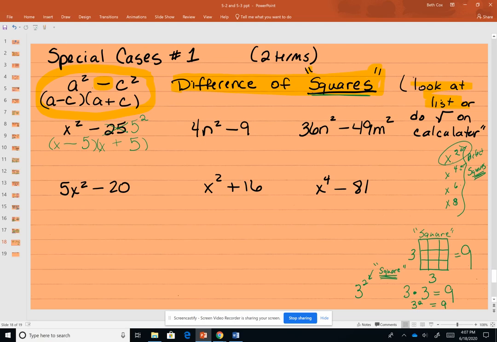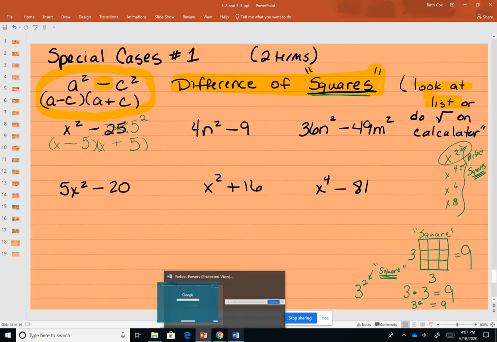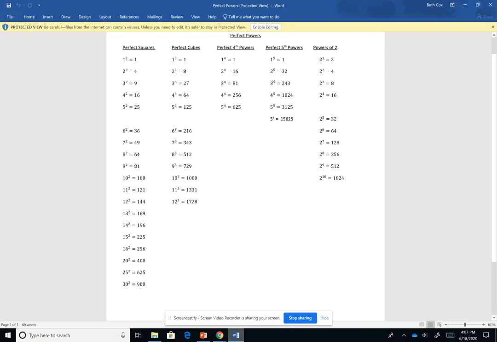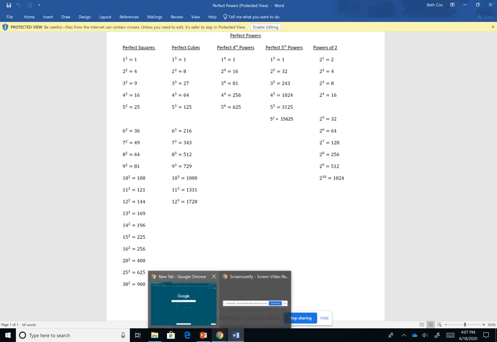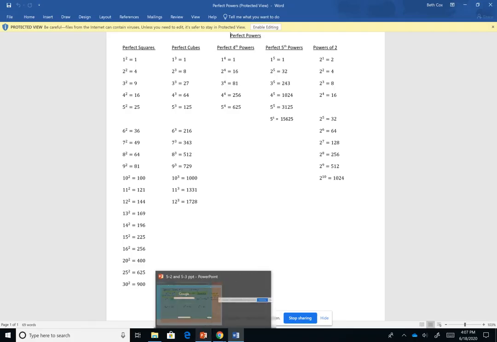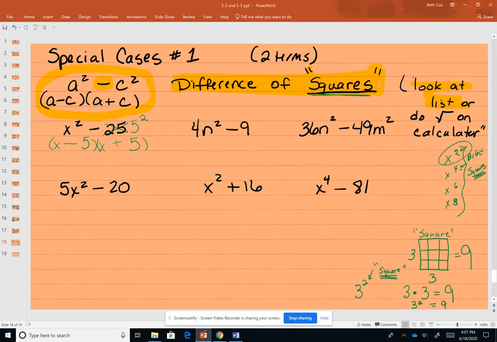So 4 is on our list. Let me show you 4. Can't write on it, but it's on our list. And 4 is 2 to the second. We have n to the second, and this is 3 to the second, or squared.